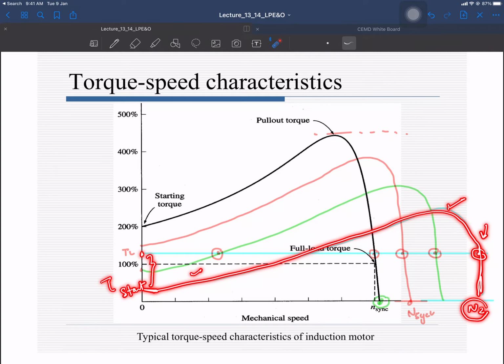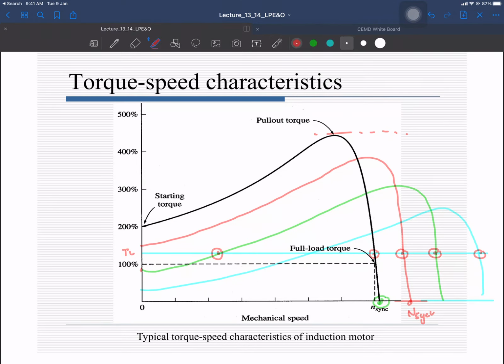So you will have to keep your frequency lower at the start. Let's suppose that you select the frequency of this curve, frequency f1. So starting torque will be quite high as compared to your load torque. This is your load torque. So starting torque will be high and your machine will accelerate. But once your machine starts accelerating, its speed is increasing.